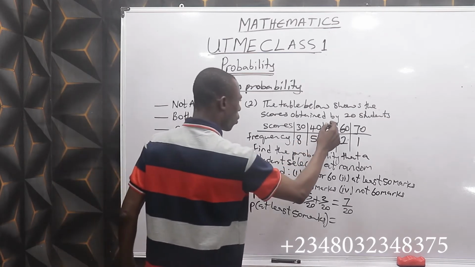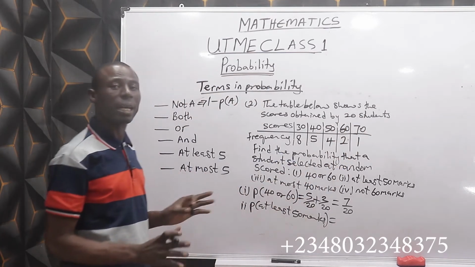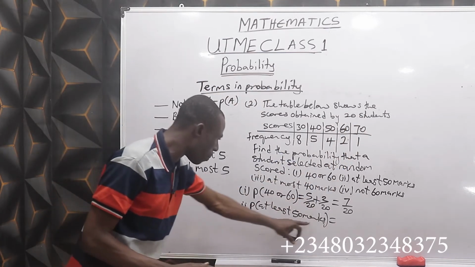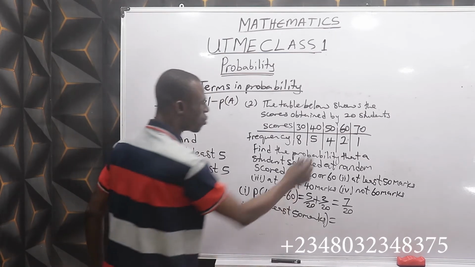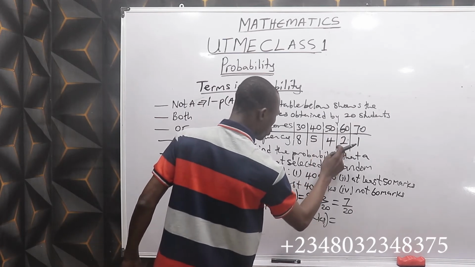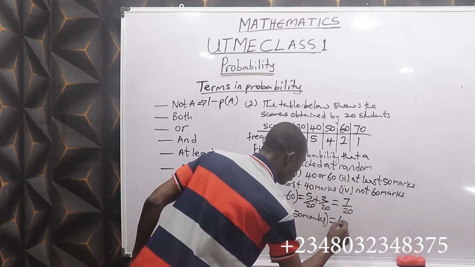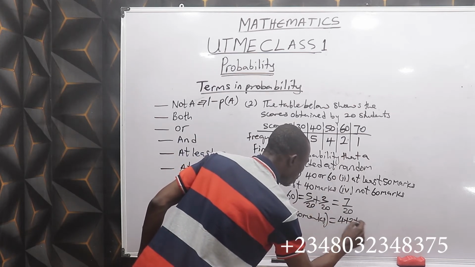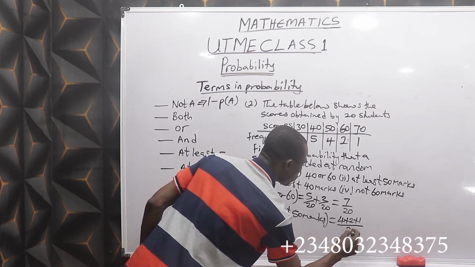So those that scored 50, 60, and 70 are qualified. At least 50 marks means 50 marks and above. How many students scored 50 marks and above? That is 4 plus 2 plus 1, all over 20.